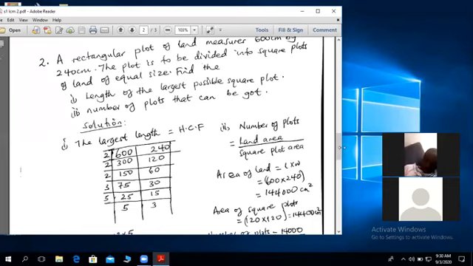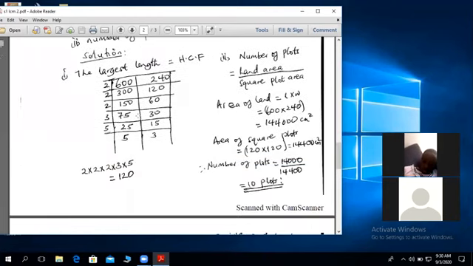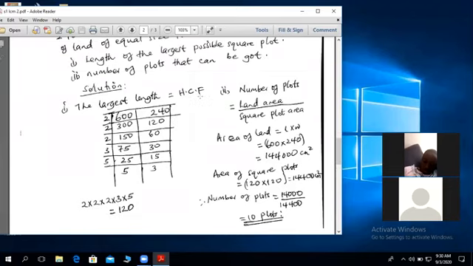Now, area of the square plot. Since the length of the largest possible square is 120, then the width is also 120 for a square. Both sides are equal. So area of the square will be 120 times 120, and this is 14,400.